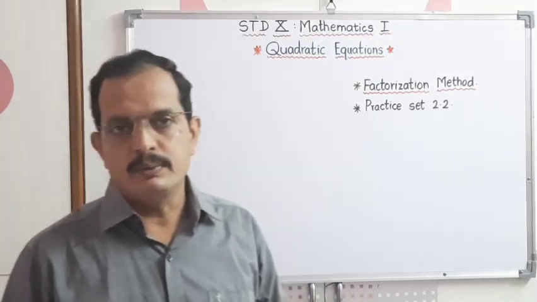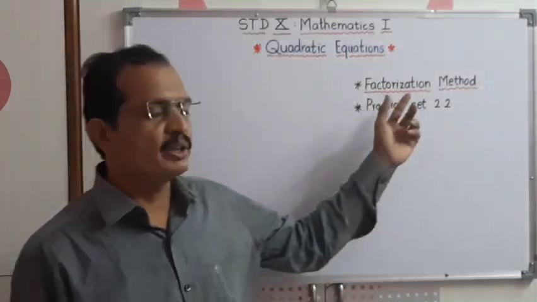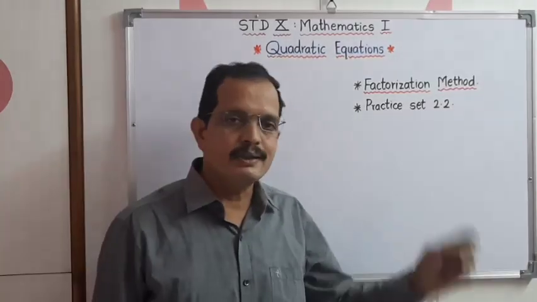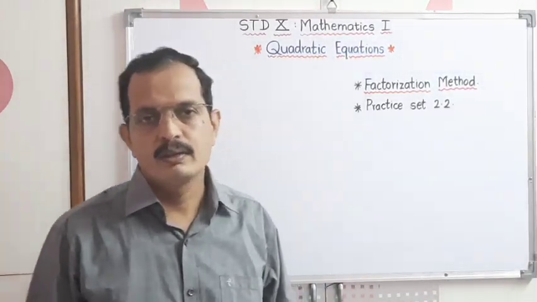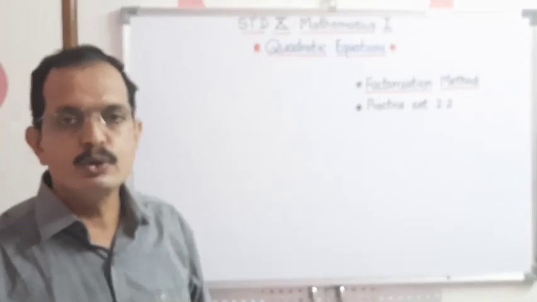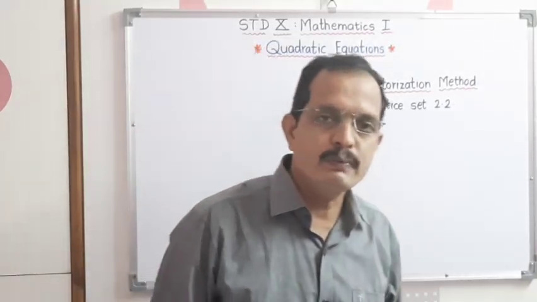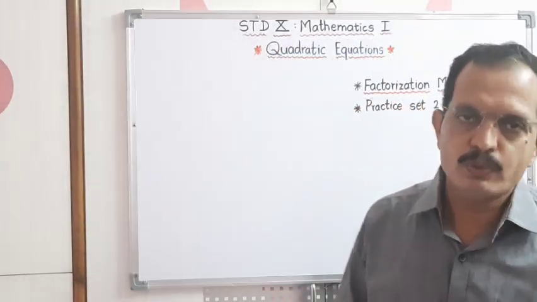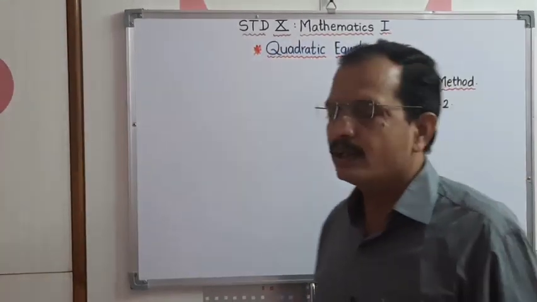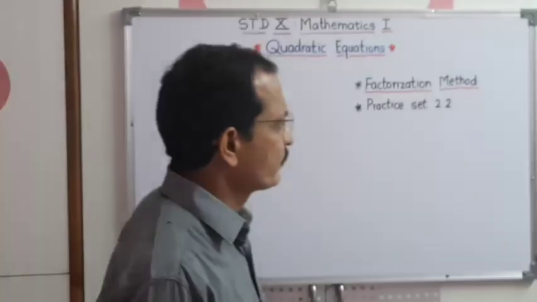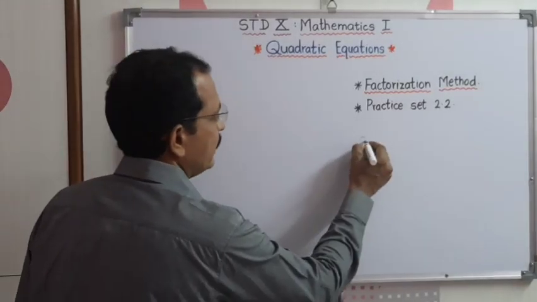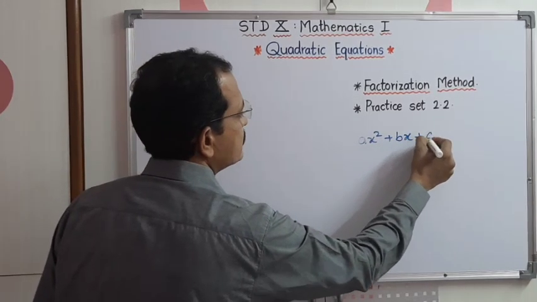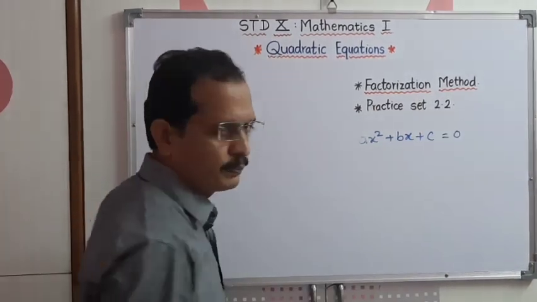Today we have to learn the factorization method, and based upon that we have to solve practice set 2.2. Dear students, it is not a new topic to you. In a previous standard you learned about this. Now all of you know that the standard form of a quadratic equation is ax square plus bx plus c equal to 0.